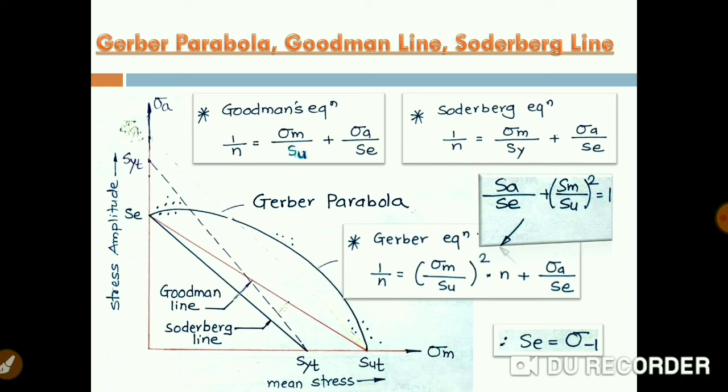The Soderberg equation is 1 upon n is sigma m by yield stress plus sigma a by Se. And Gerber's equation is 1 upon n is equal to sigma m by ultimate stress, bracket squared, into n, plus sigma a by Se.